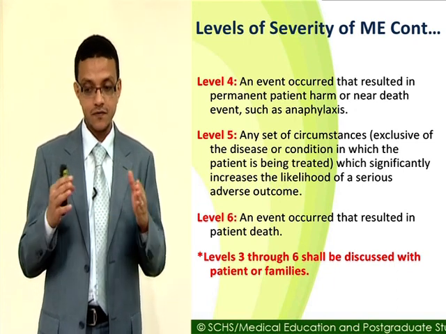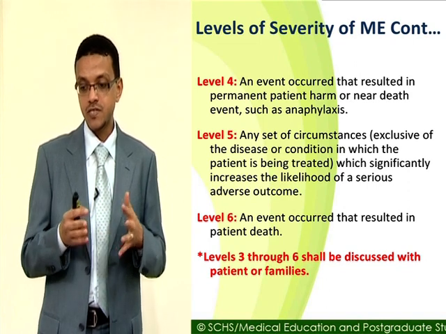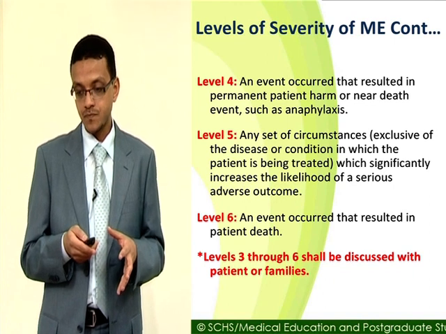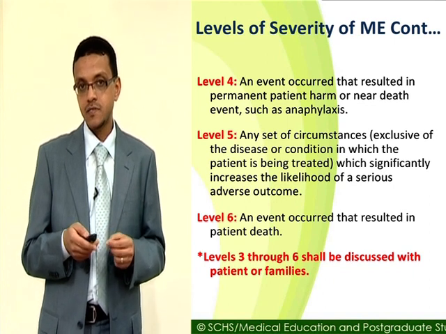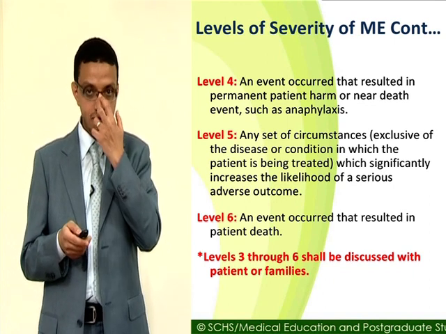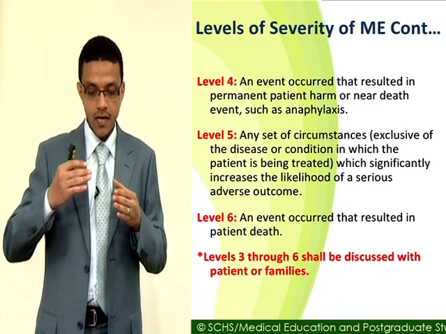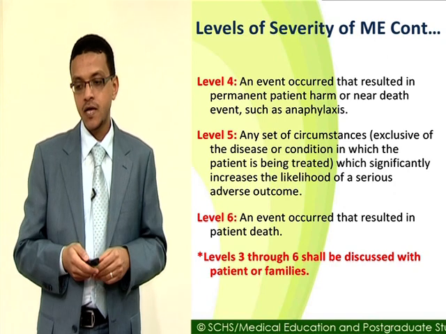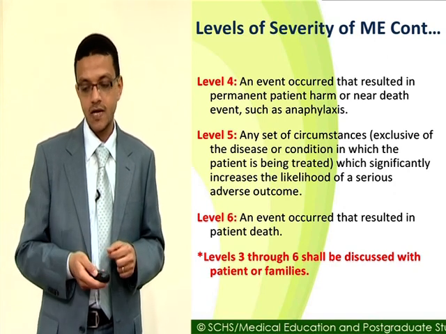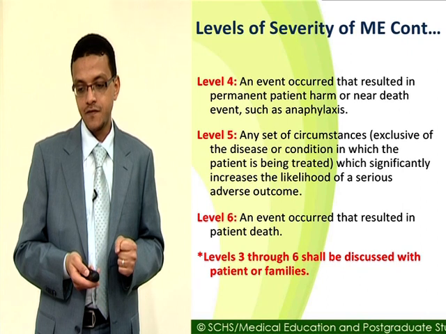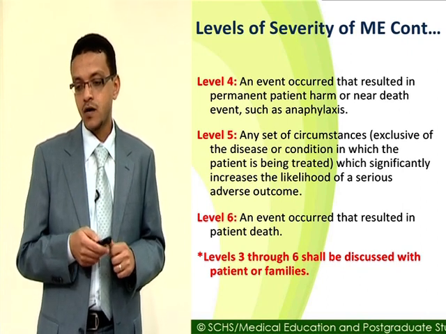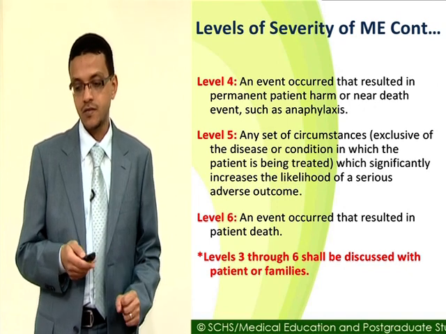Level 5 is any set of circumstances which significantly increase the likelihood of a serious adverse outcome. That is to say, at this level it's a set of conditions that could increase the likelihood of a serious adverse event. Now, level 6 is the worst indeed. It's an event that resulted in patient death.